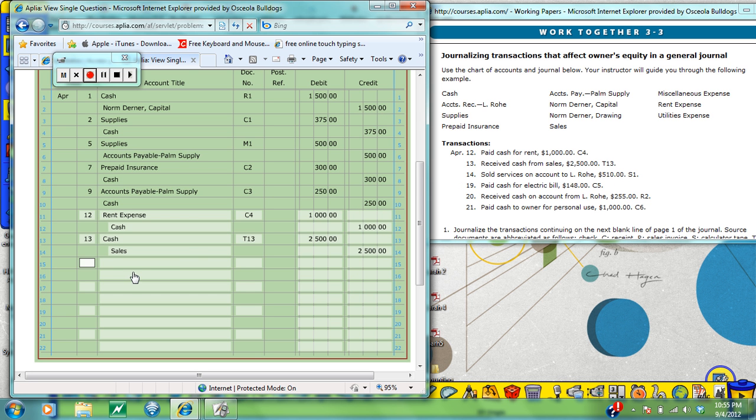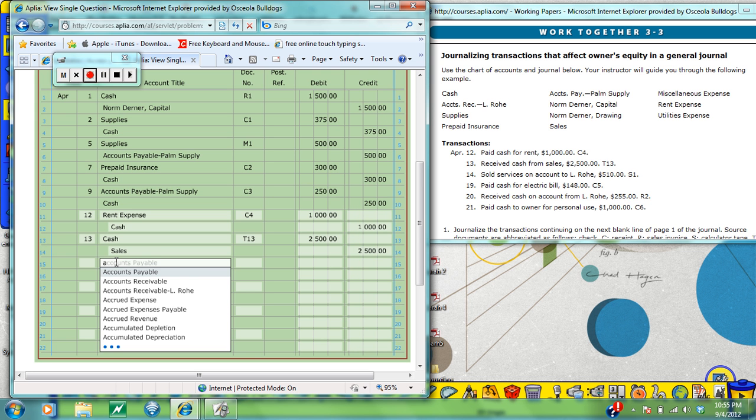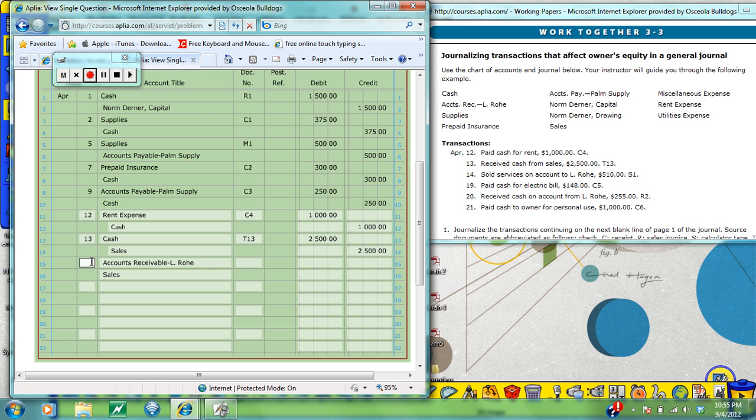Okay, sales we know is credit. That's the easy one, right? Well, we have accounts receivable, right? LaRue, don't forget to put the date. It's counted wrong if you don't have the date. For the S1, it counts the whole row wrong. 510.